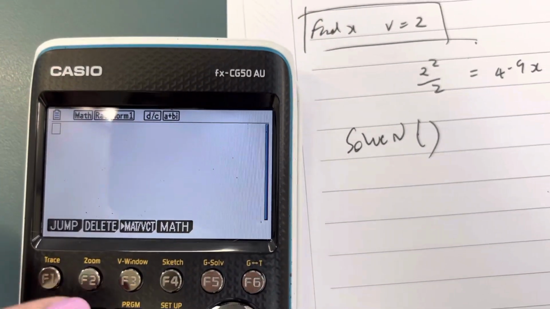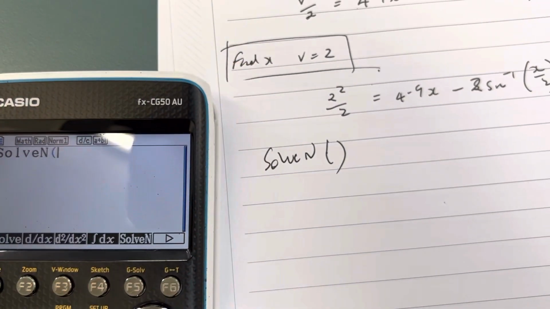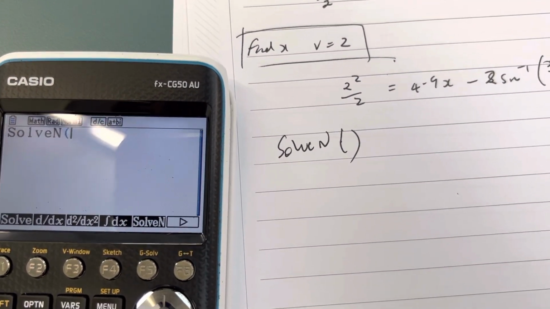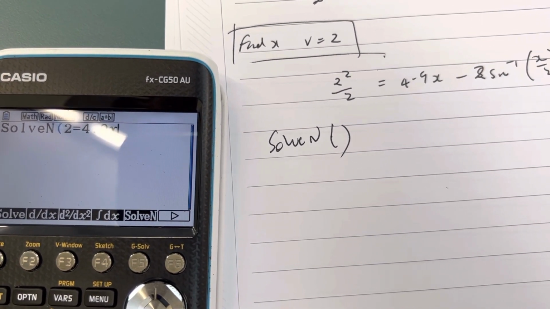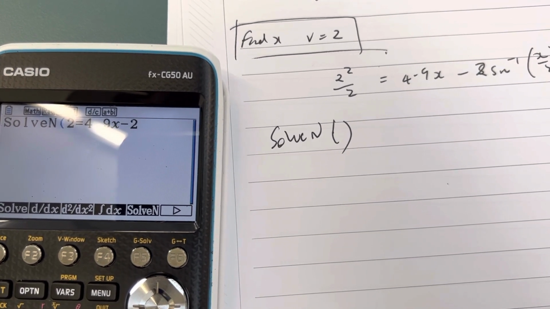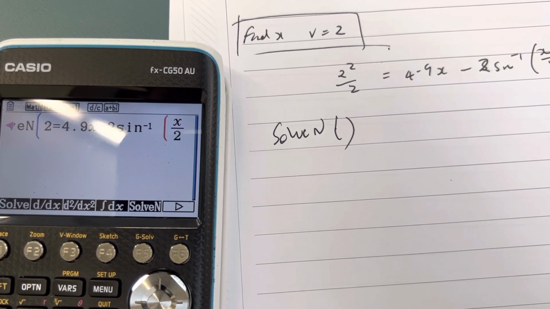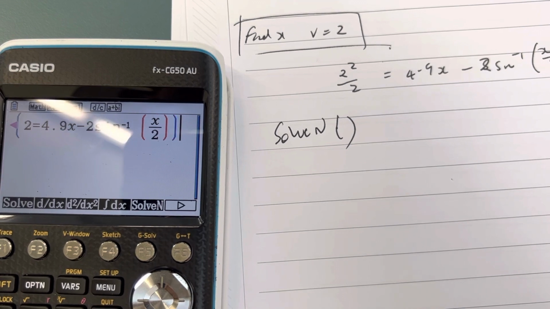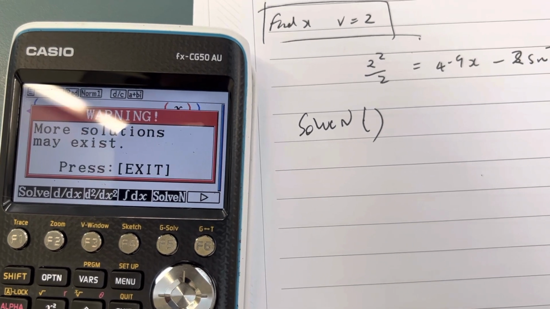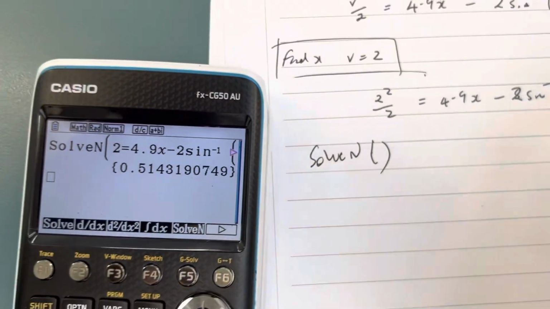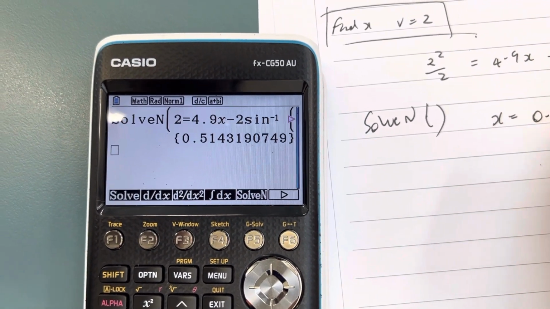Then options, calculate, solve: 2 squared on 2 equals 4.9x minus 2 shift sine of x on 2, close brackets. Just do a quick double check that I've inputted that correctly. Execute, and I get that x equals 0.5143.